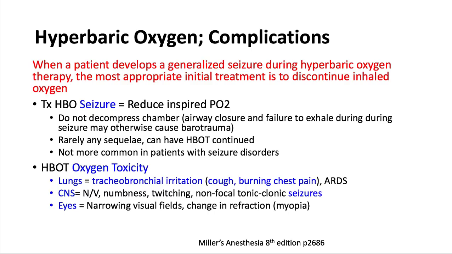You don't usually have to give them a benzodiazepine or propofol or something to stop the seizure. Just reduce the FiO2. So to treat a hyperbaric oxygen-induced seizure, reduce the inspired PO2, don't decompress the chamber. They can get decompression sickness and barotrauma. Rarely is there any sequela, and it's not more common to have these HBO-induced seizures in patients with actual seizure disorders.